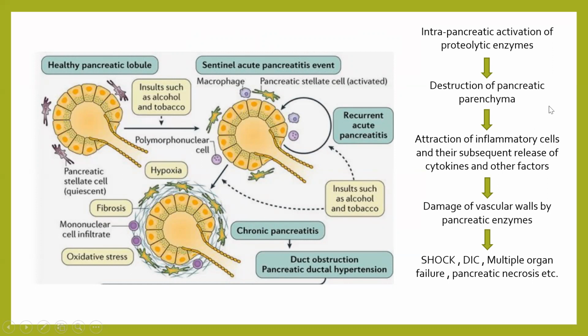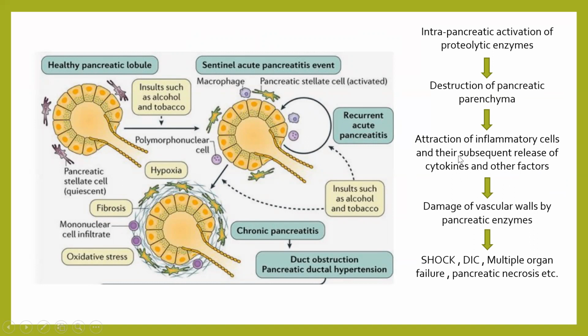And once we have destruction of the pancreatic parenchyma, the immune system is alerted, and then we have attraction of inflammatory cells and release of a lot of cytokines, interleukins, and other factors. So once the proteolytic enzymes are activated, we have to keep in mind that because of the inflammation, histamine is being released and we have vasodilation.